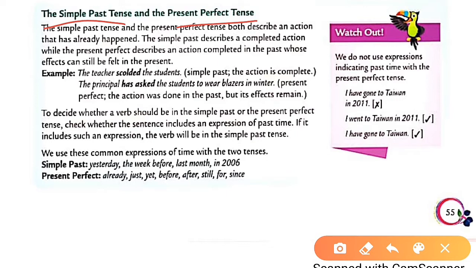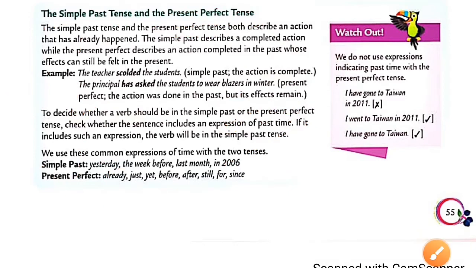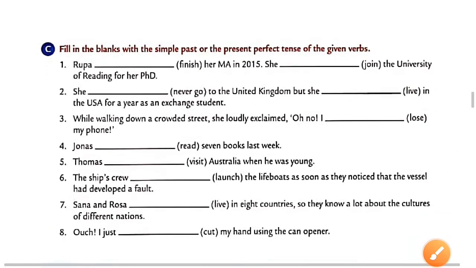Simple past tense is for things that happened earlier, totally in the past. But present perfect tense is for things that happened recently, or just completed. In simple past tense we use the verb's second form, and in present perfect tense we always use the verb's third form. Move to next, C part we will start.